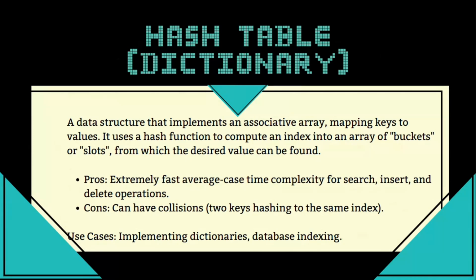Cons: can have collisions, which means two keys hashing to the same index. We can solve collisions by chaining. Hash tables are mostly used in implementing dictionaries and database indexing.